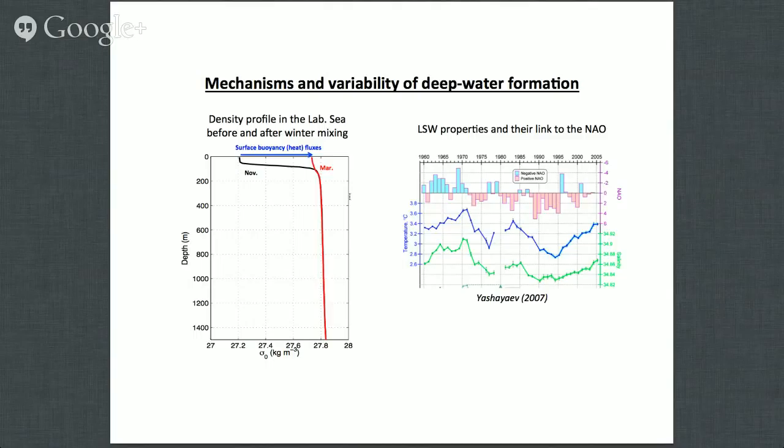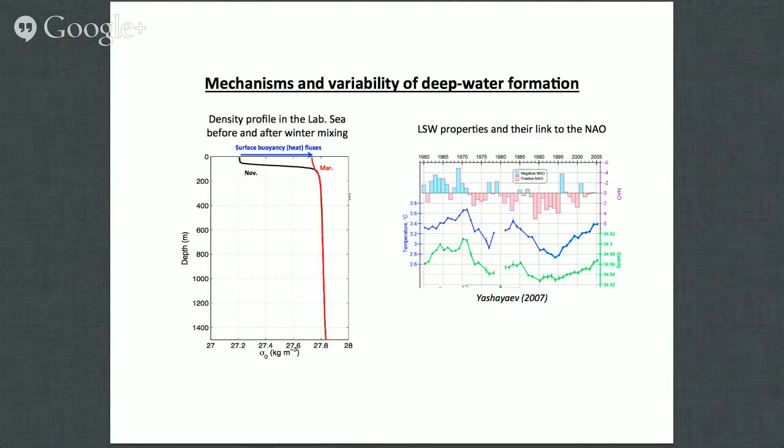And this buoyancy existing in November should be eroded by the surface fluxes or lateral fluxes, but for the case of the Labrador Sea, it is dominantly eroded by the surface heat flux. And this surface heat flux is highly correlated with the North Atlantic Oscillation, which is the dominant atmospheric pattern in the North Atlantic in the winter.